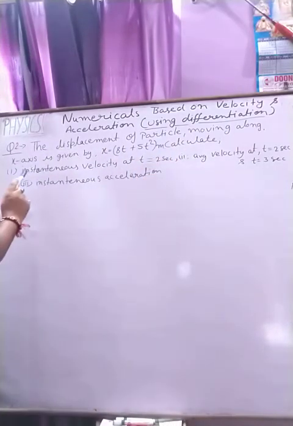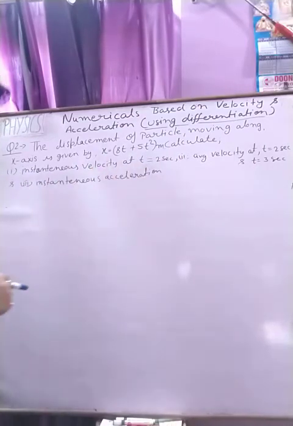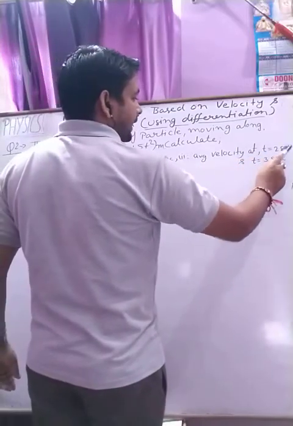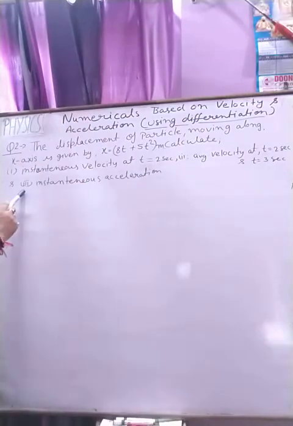Calculate first instantaneous velocity at time t equal to 2 seconds, average velocity at time t equal to 2 seconds and t equal to 3 seconds, and next we need to calculate the instantaneous acceleration.